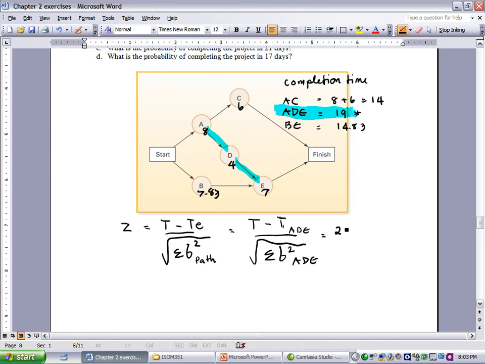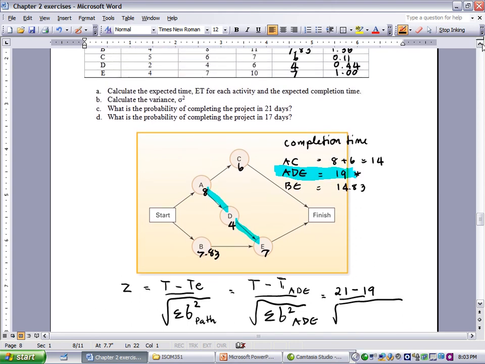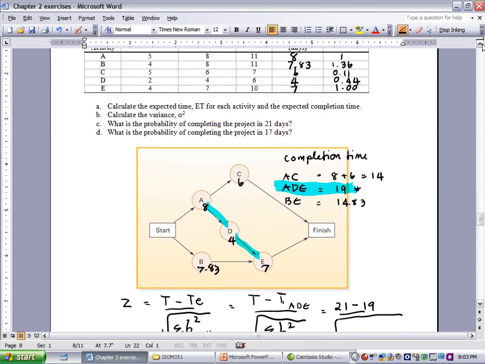We want to test 21 days minus the completion time 19 days divided by the square root of the variance of ADE. So we're going to go up to find the variance of ADE. The variance of ADE will be A, D, E added together, about 2.44.